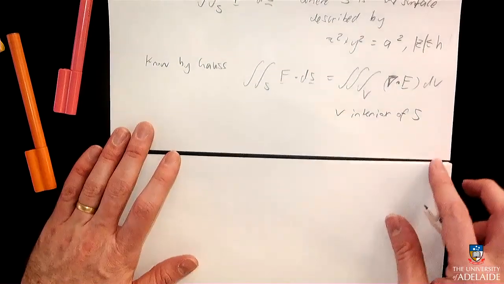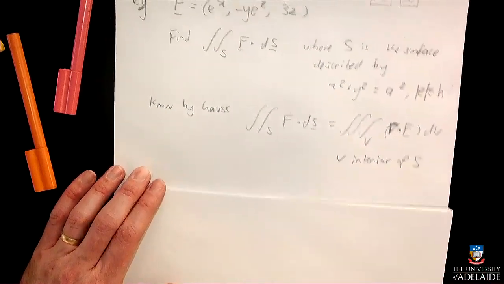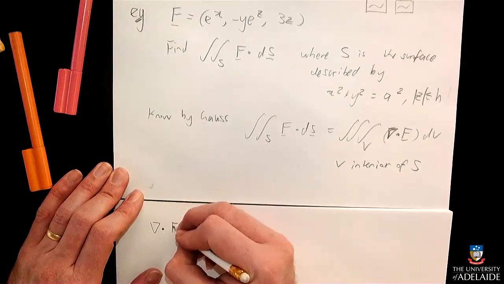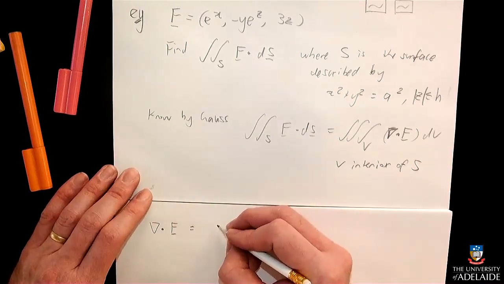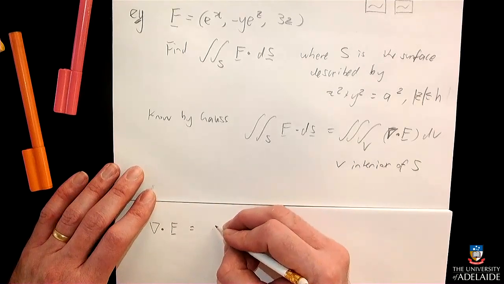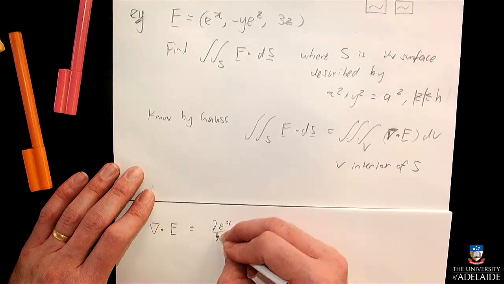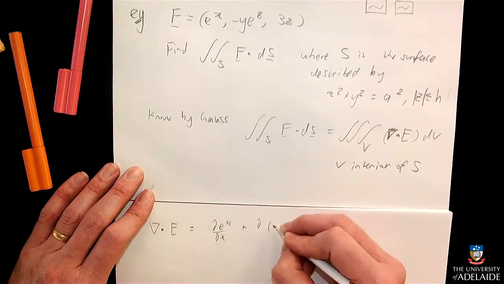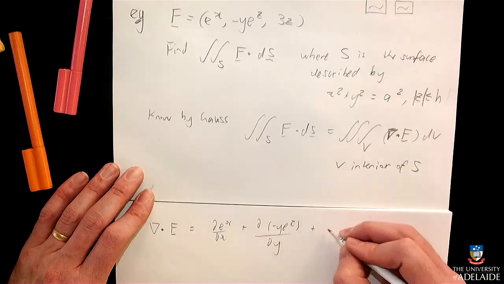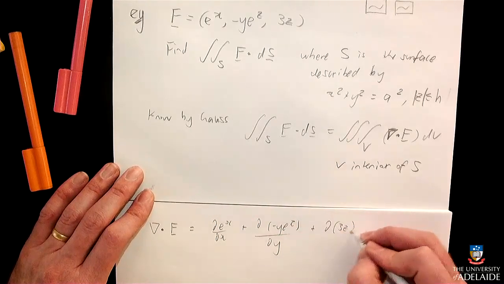So first, let's do that divergence, eh? We differentiate each of them with respect to the coordinate that they're in and add them up. That's how you do divergence. Okay, so d of e to the x on dx plus d of minus y e to the z on dy plus d of 3z on dz.